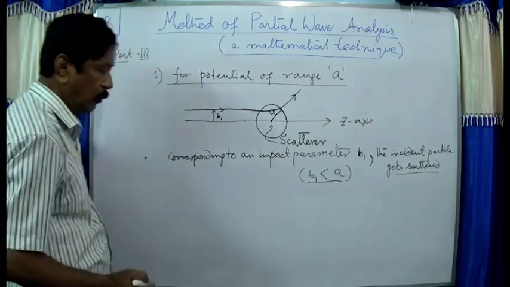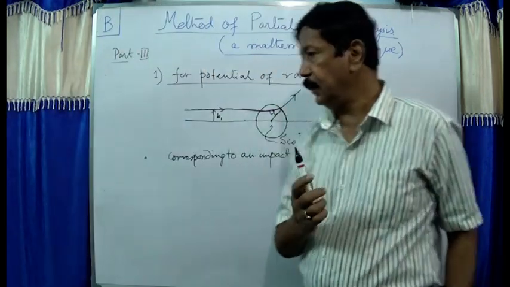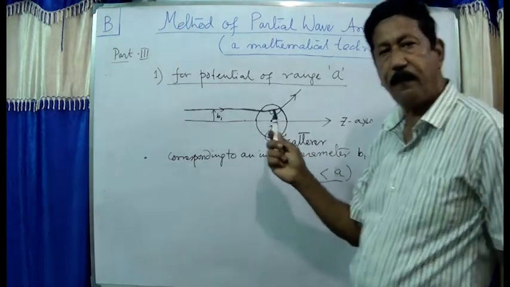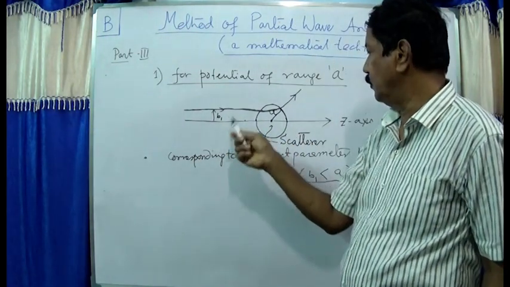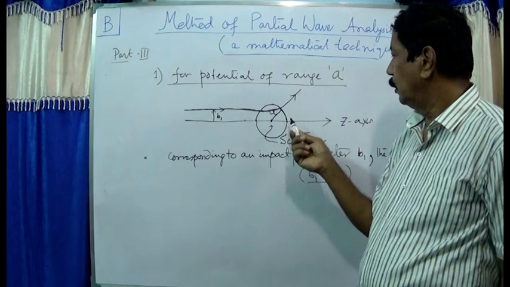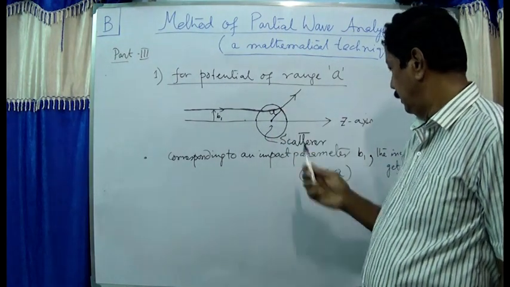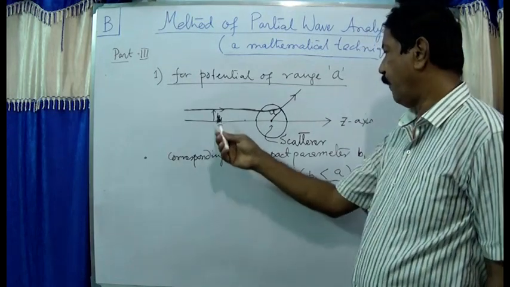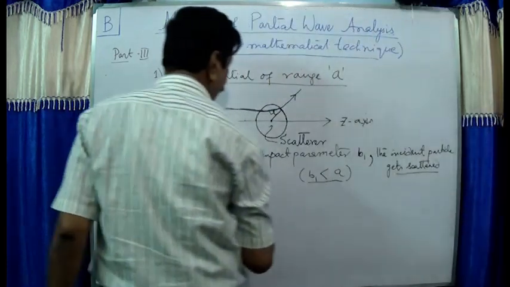So when a particle is incident in such a way that impact parameter value is lower than the range of the potential, then the particle will get scattered.